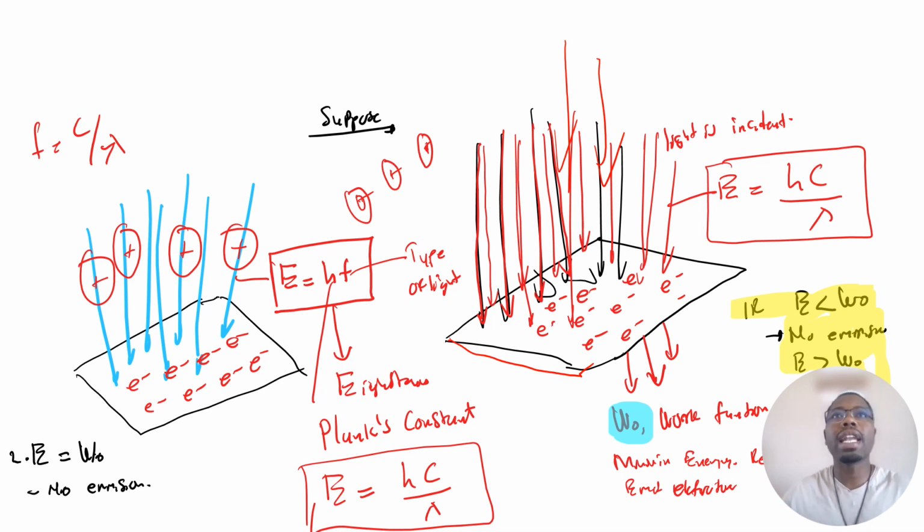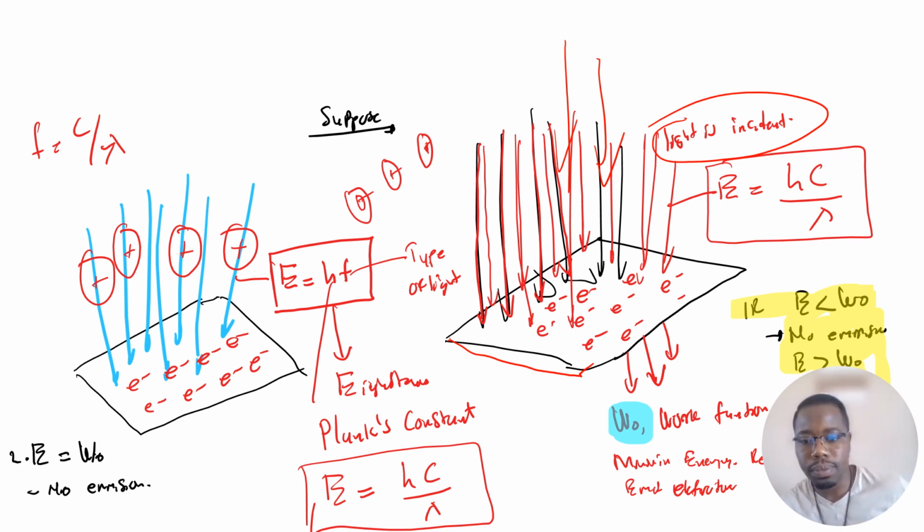If the energy is greater than what we call the work function, the minimum energy required to eject electrons from the metal surface, then if we are shining light, sometimes called incident light, on that surface and the energy is enough, the electrons will be ejected and start moving.